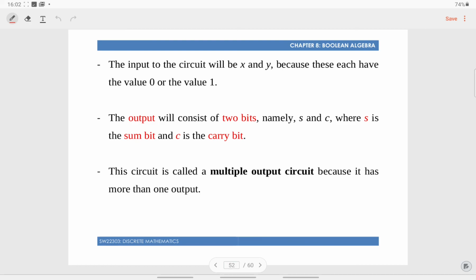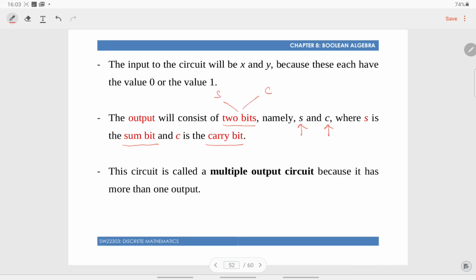The output will consist of 2 bits, denoted by S and C. The first bit is S, the second bit is C. S stands for sum bit, and C is for carry bit.